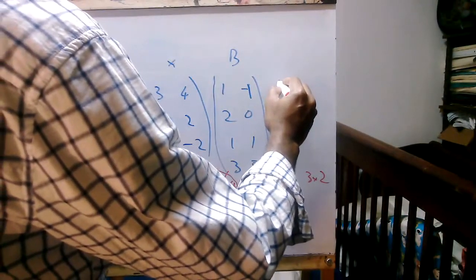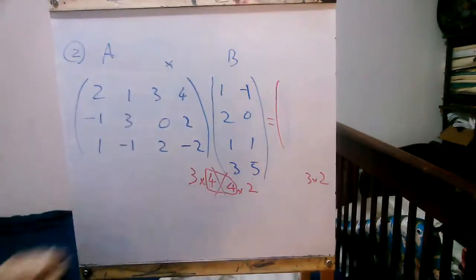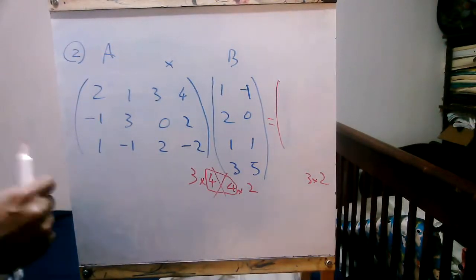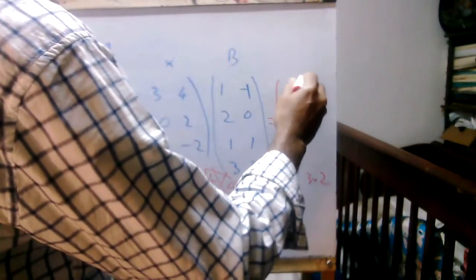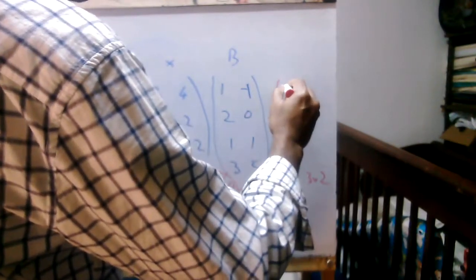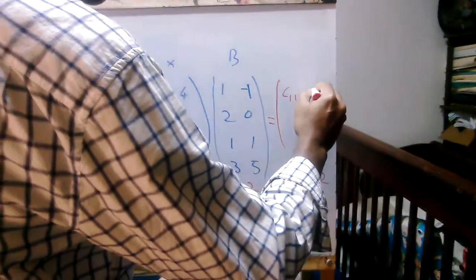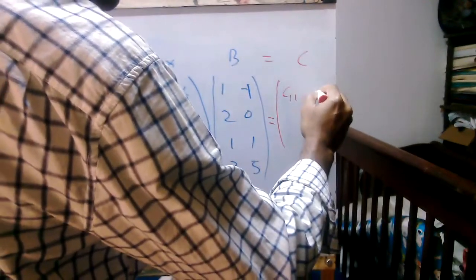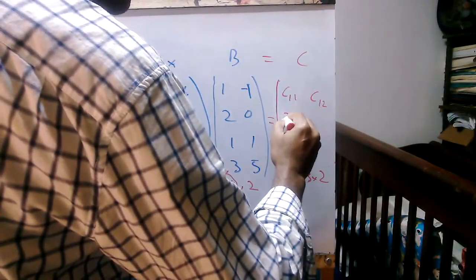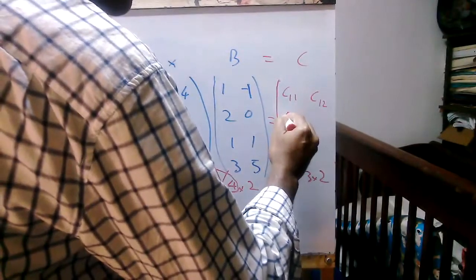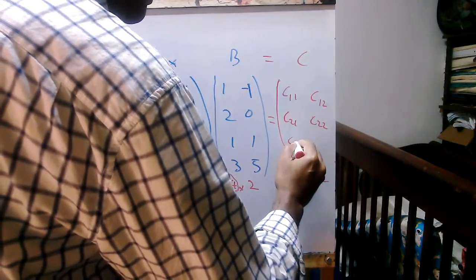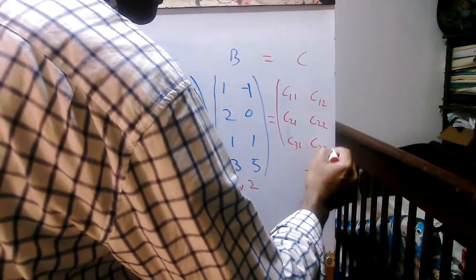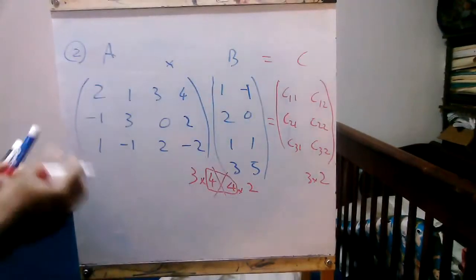Right, then once we see the same number in the middle, we say okay, yes, we can do this. 3 by 2 matrix, so let's do elements of this: C11, C12, C21, C22, C31, C32. That's our resultant.